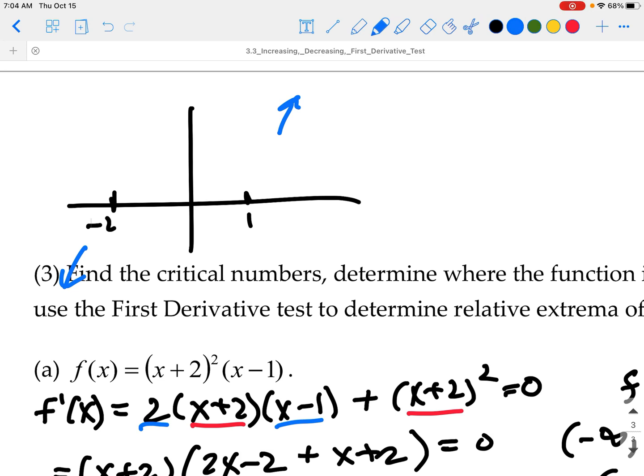And we have a multiplicity of 2 at negative 2. So that's going to give us that bounce, that parabolic sort of shape, since it's degree 2 for the multiplicity. And that's our local maximum. And then from our derivative, we know that at 0, that's our local minimum. And then we'll continue increasing. So that's going to be what our graph looks like. So again, referencing the graph is going to be useful in some cases as well.